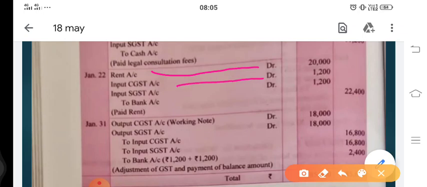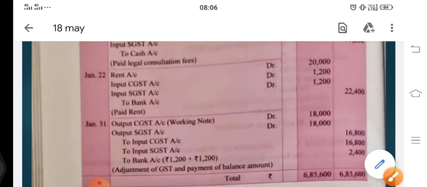Input CGST and input SGST got debited with 20,000 into 6%, and the total amount to be paid will be 20,000 plus 2,400, that is 22,400, and that is why bank got credited with 22,400. And now we have our last point, that is the adjustment.